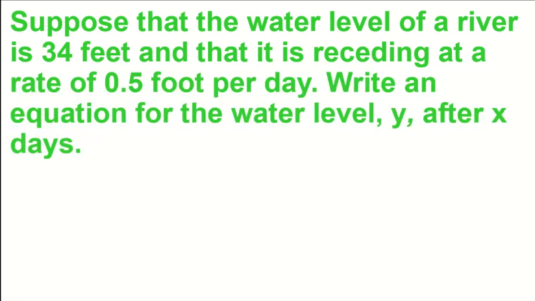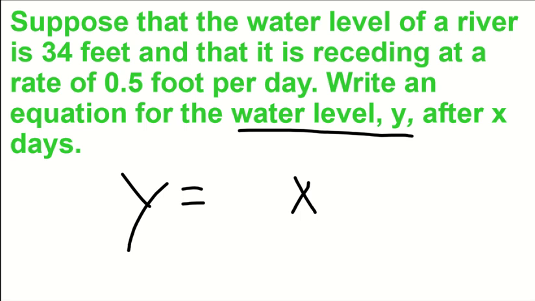If we look at this word problem here, it says suppose the water level of a river is 34 feet and that it is receding at a rate of half a foot per day. We need to write an equation for the water level y after x days. So we're going to have our y equals something x. The water level is our y value.